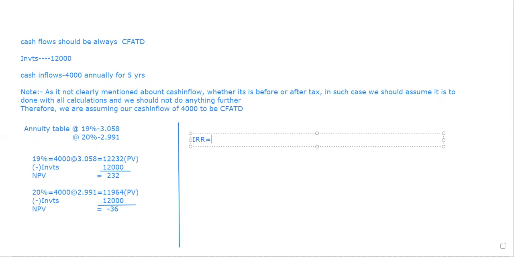IRR. Formula is equal to positive discount factor you take down. Positive discount factor. Is it fine?